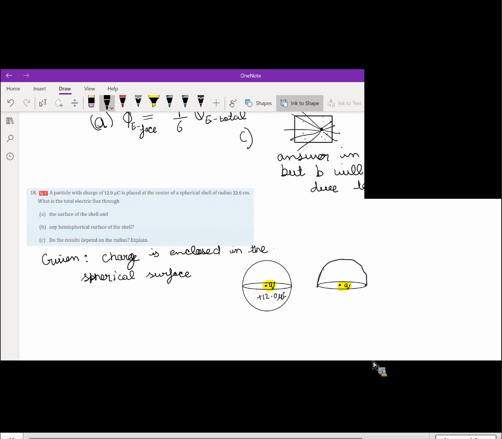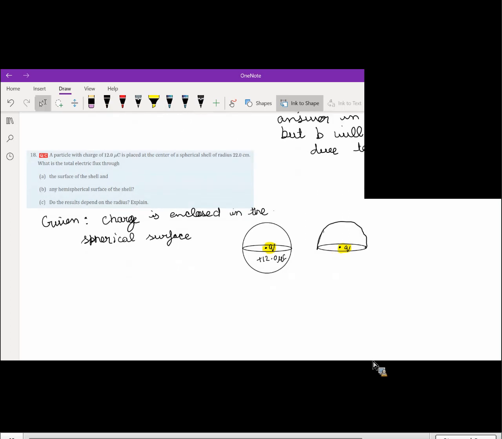So it says charge is enclosed here. That means you can apply Gauss law. Gauss law says in any enclosed surface, the total flux through it is the charge enclosed in it, divided by epsilon naught. So I can directly figure out the answer.